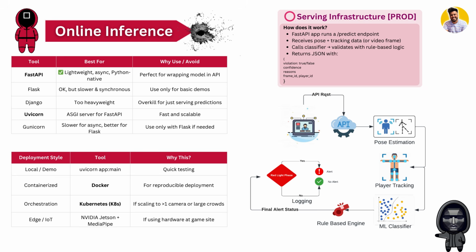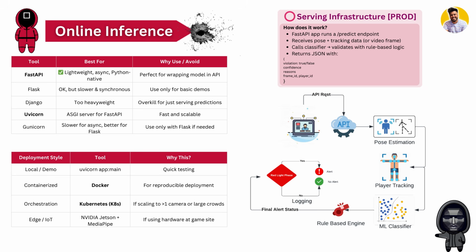So at last we choose the best of these, which is FastAPI with Uvicorn. That is the best solution for fast and scalable deployment. And for the deployment style, we can use Docker and Kubernetes here, as Docker helps us with reproducible deployment strategies, and Kubernetes helps us scale to more cameras and larger crowds as well.